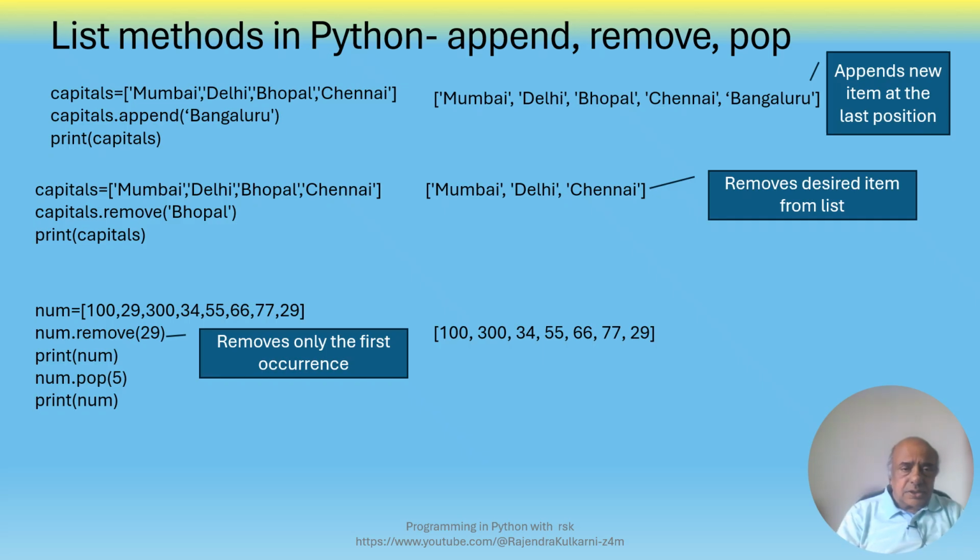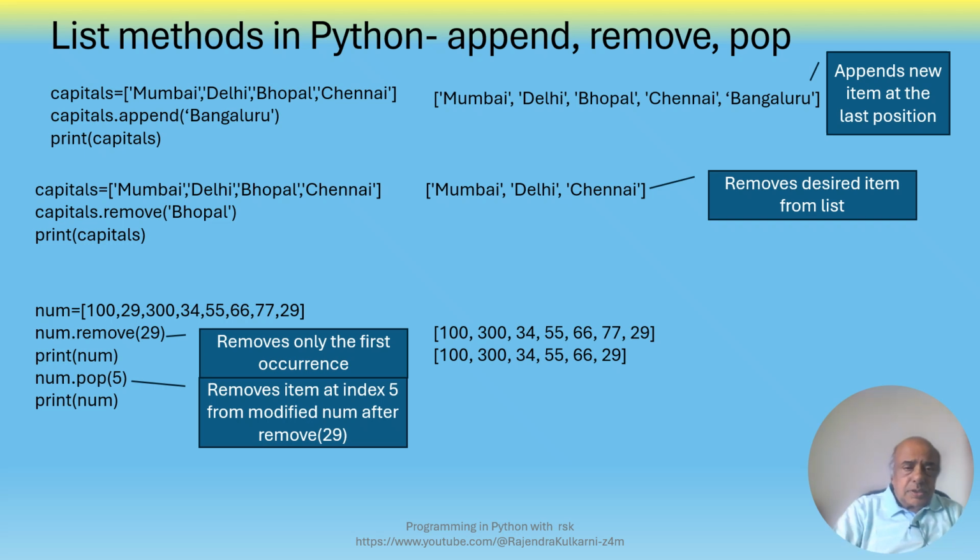Then another method is num.pop and into the bracket 5. This 5 represents the index number of the item which we want to remove from the list.